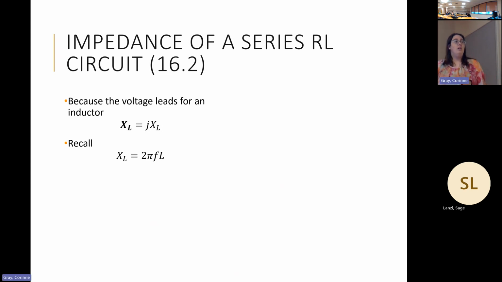So with this here, again, with the notation that the textbook is going to use, the bold here is kind of its vector representation. So this is purely an imaginary value if we're thinking about that polar, right? So with the capacitor, it was negative jXC. For the inductor, it is going to be positive jXL.